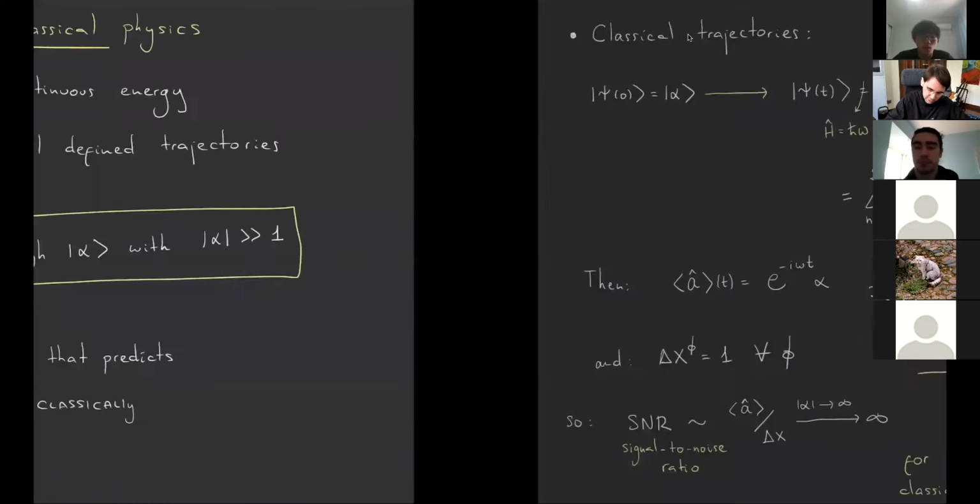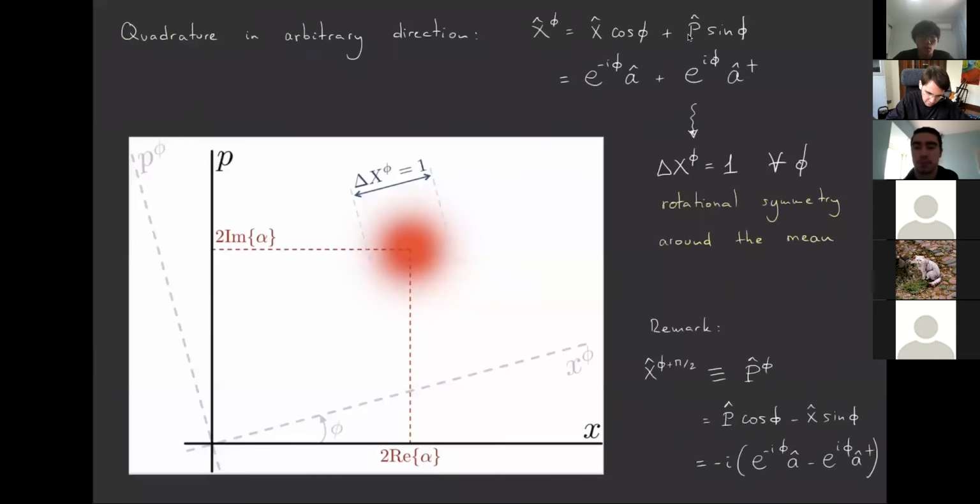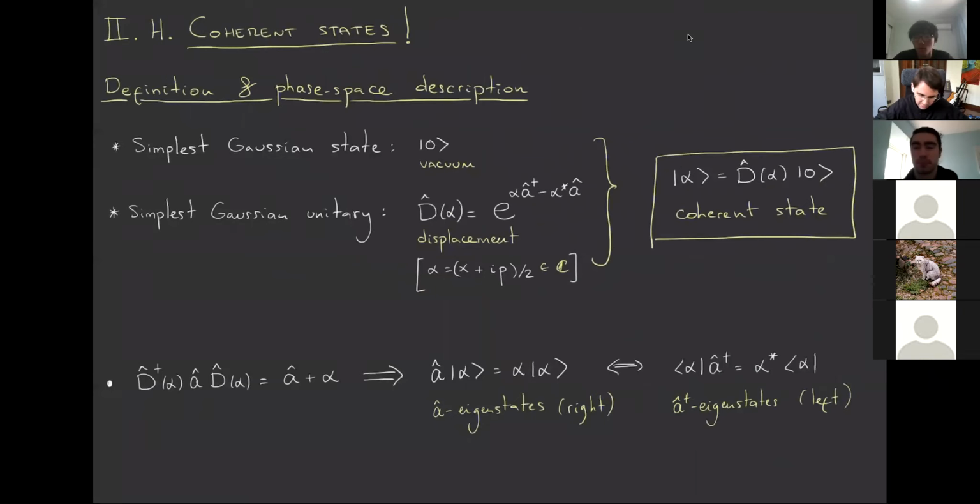So let me just go to the beginning of coherent states. And in particular, let me just remind you very quickly that coherent states can be defined essentially as the displacement operator acting on the vacuum state, okay? They have many interesting properties.